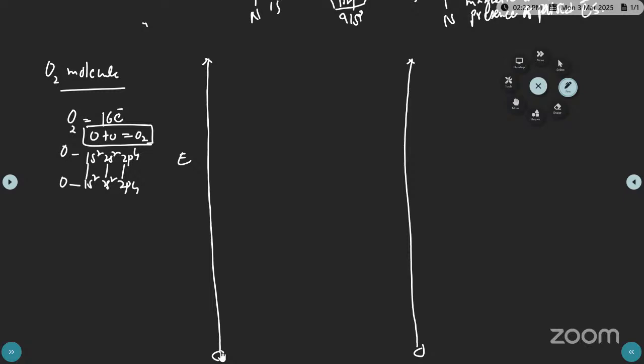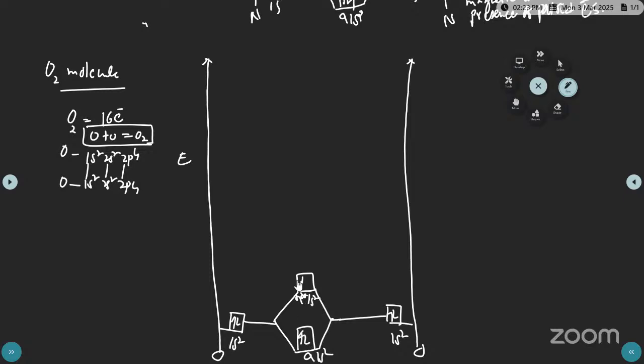First, the two 1s orbitals are linearly combined together. 1s2 and here 1s2, so 2 electrons each, and these two atomic orbitals are linearly combined and form 2 molecular orbitals like this. One is the lower energy and another one is the higher energy: sigma 1s2 and here sigma star 1s2.